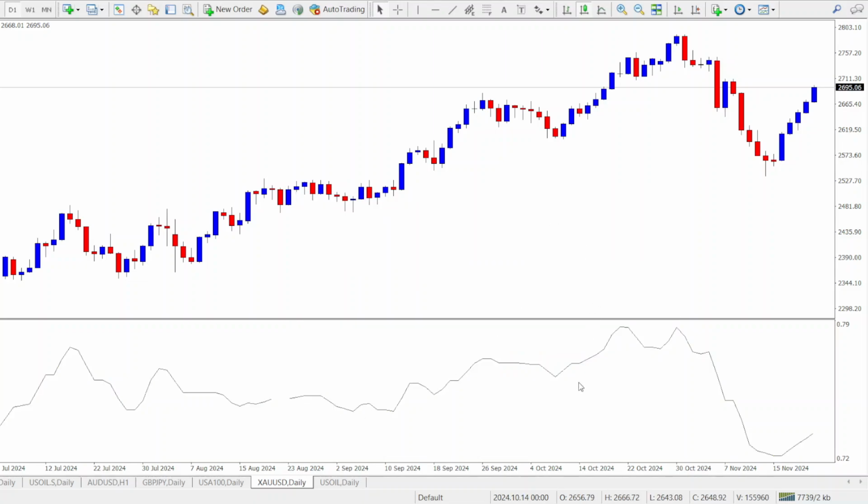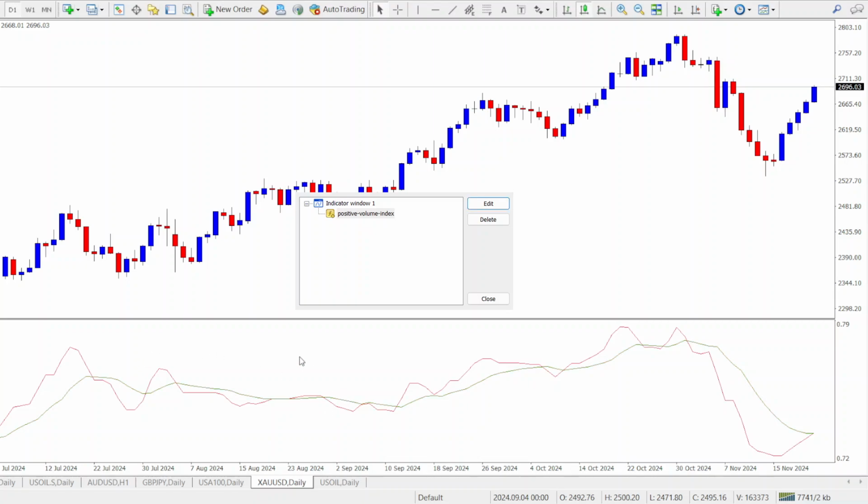I'm going to change this to red, and for easy identification, let's use a different color for the other line. Okay, so this is how the indicator looks.